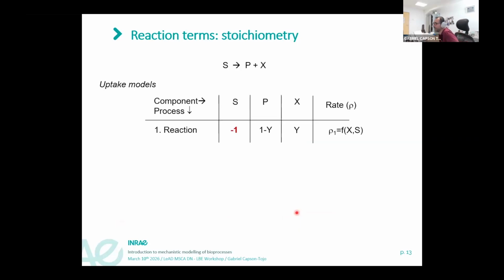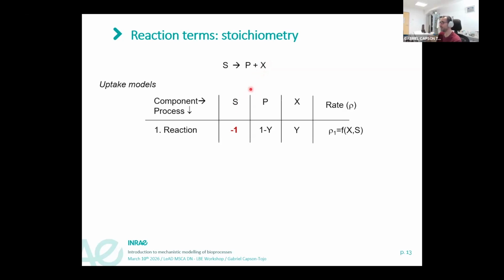I'm going to assume that we have uptake models, because again, that's my personal preference, but the only thing that you need to do is divide by Y, as I will explain later. In this case, we not only have S becoming P, we have S becoming P and biomass, which is the reaction that is happening in our system.